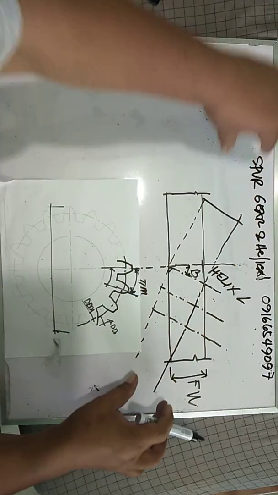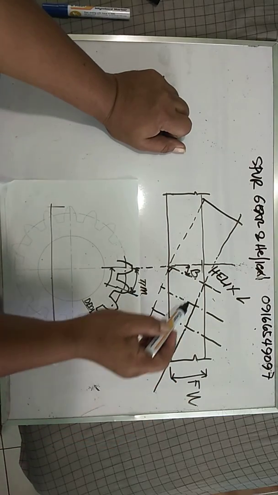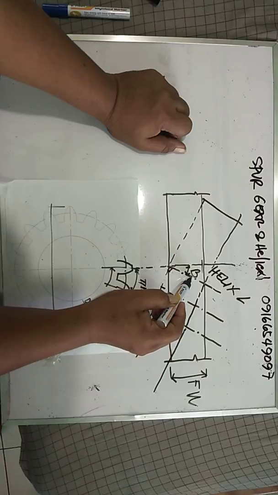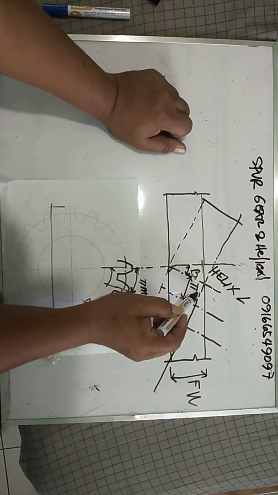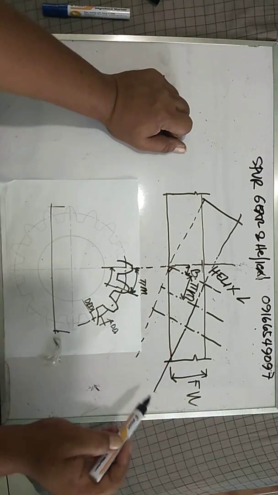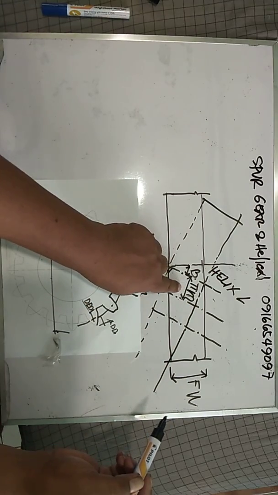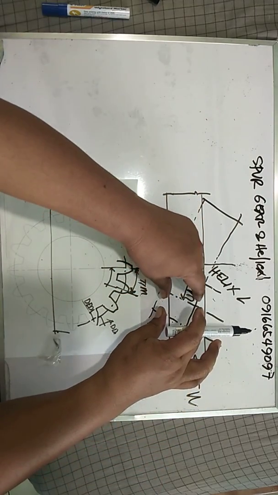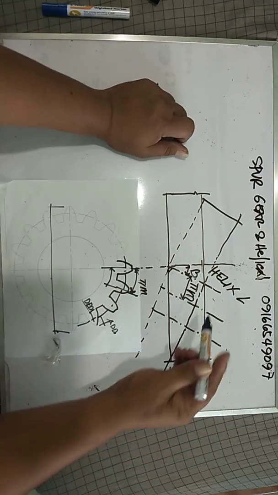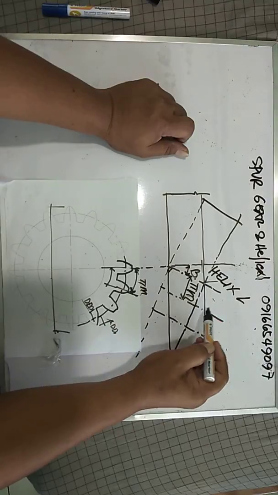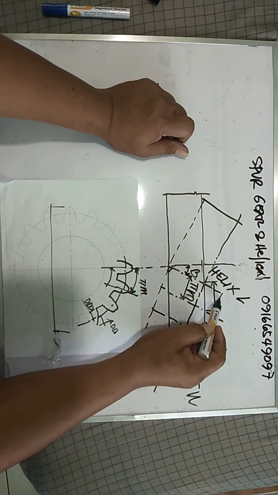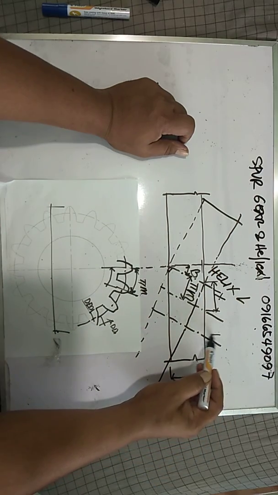So this distance in spur gear is pi times module, but we need the helical gear, so we need this distance, x.